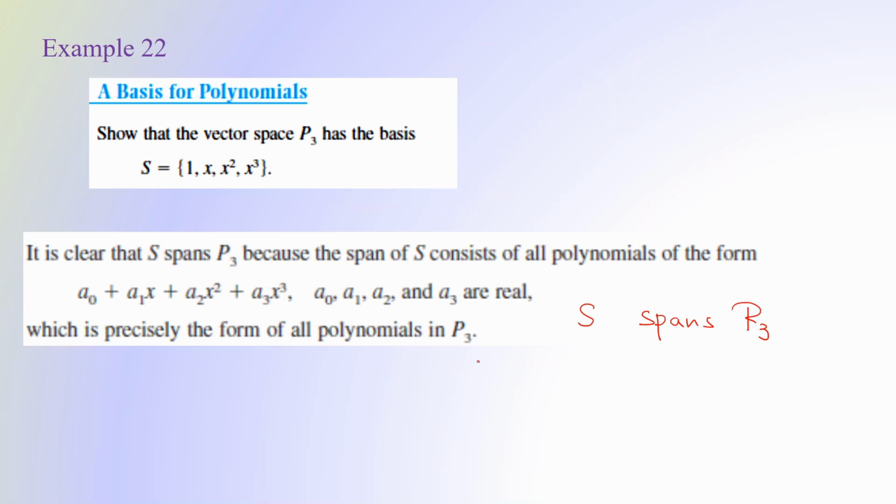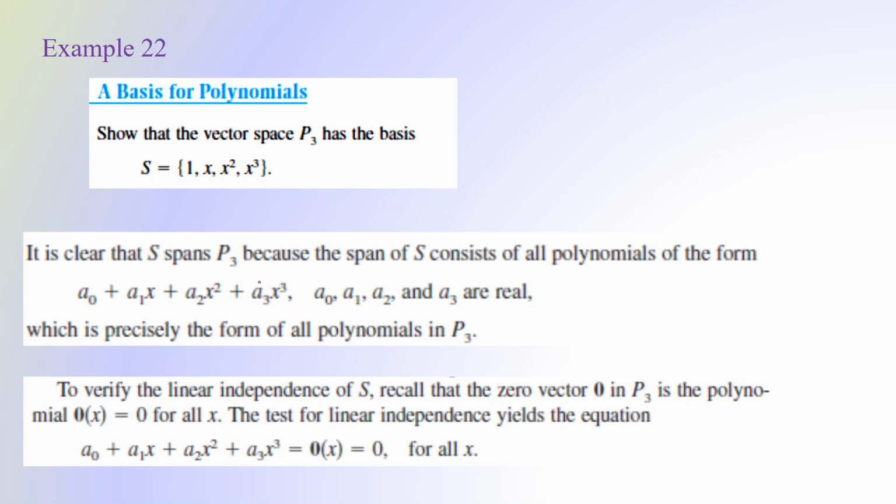Now, the next step, we have to prove that the components in S are linearly independent. For that, we have to consider the zero polynomial. So that means whenever all coefficients a0, a1, a2, a3 are 0, we have the zero polynomial. Now, if any combination is equal to 0, then we have to prove that a0, a1, a2, a3 are equal to 0. So clearly you can get it because you can consider the coefficients of x0, x, x squared and x cubed, then you will get all are 0.